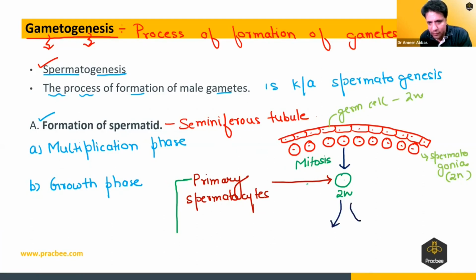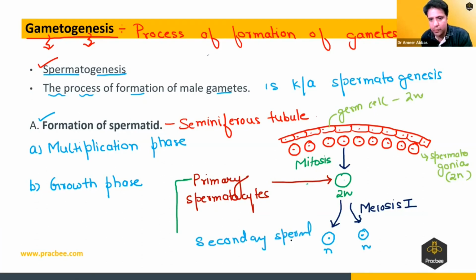There will be first meiosis, and it will lead to the formation of secondary spermatocyte. Now the ploidy of secondary spermatocyte will be haploid.